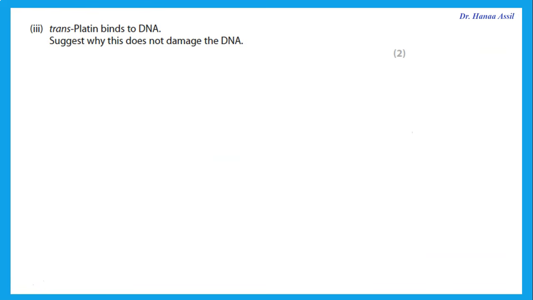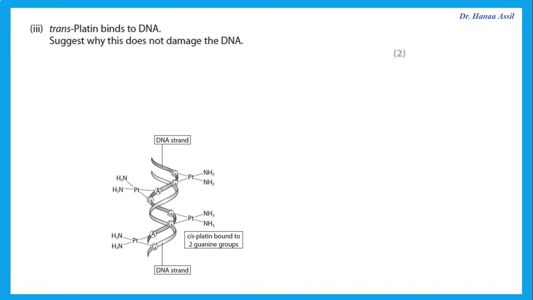Transplatin binds to DNA, so explain why this does not damage the DNA. The problem with, we said the cis works because both chlorines on the platinum are displaced by the two nitrogen bases on the DNA. But in the trans the two chlorines are far away from each other.